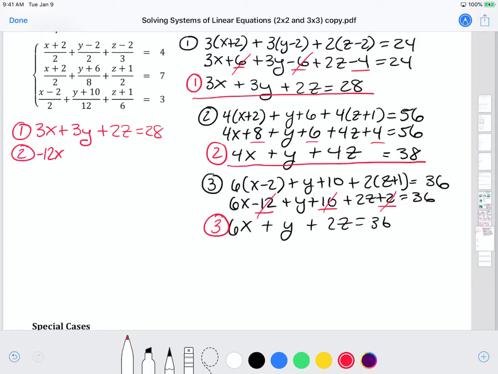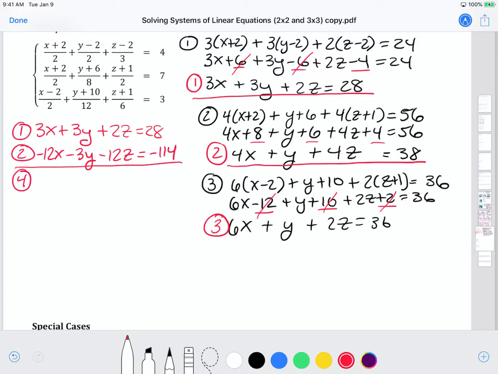So I have a negative 12x minus 3y, and that gives me a minus 12z is equal to, and then if I take 38 times a negative 3, that's going to give me a negative 114. This is going to help me develop my equation 4.